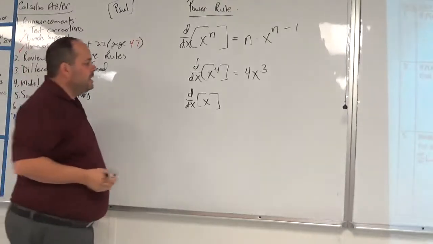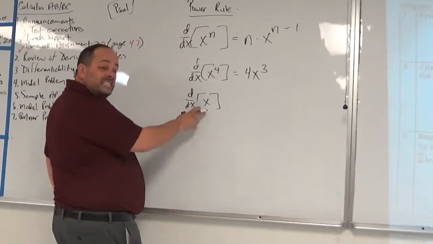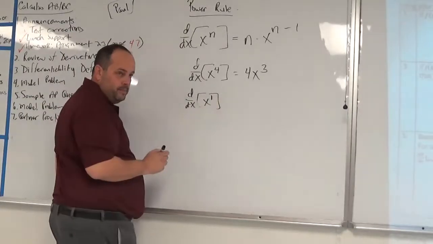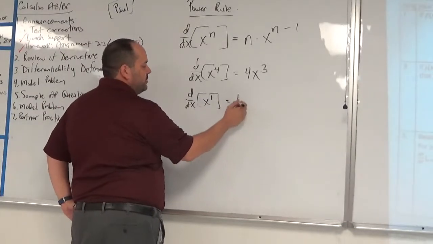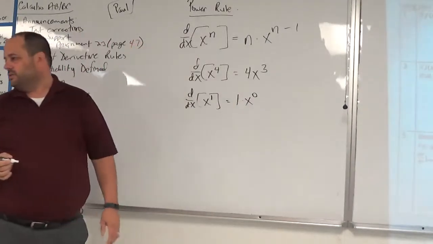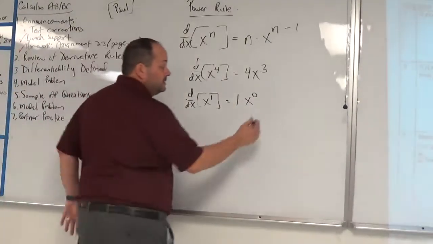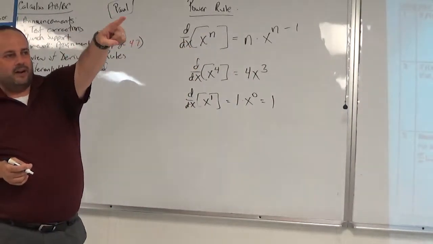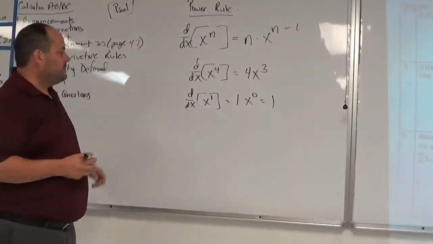This is a power rule, but I'm being tricky. It's x to the 1. Power rule says bring that power down, reduce the power by 1, you get 1 times x to the 0. But x to the 0 we know is 1. If you're not sure, there's an exponents poster in the back corner.